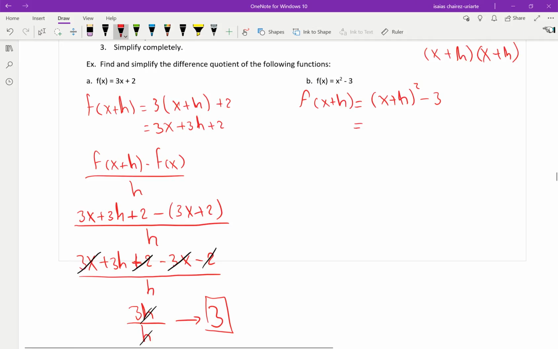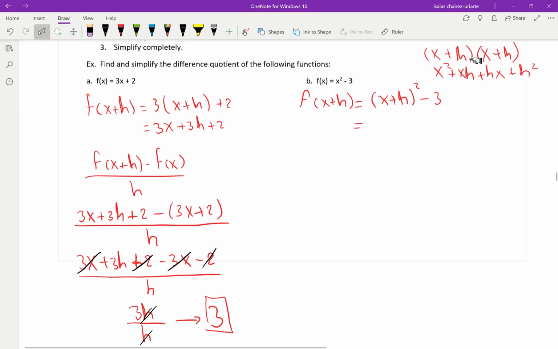So that becomes x squared plus xh plus hx plus h squared. And x times h and h times x turns out is the same thing. It's like saying 2 times 3 is the same thing as 3 times 2.